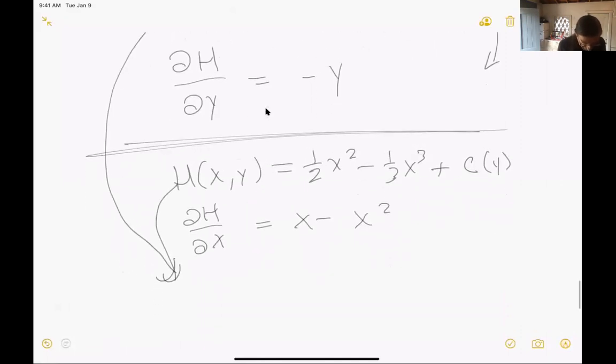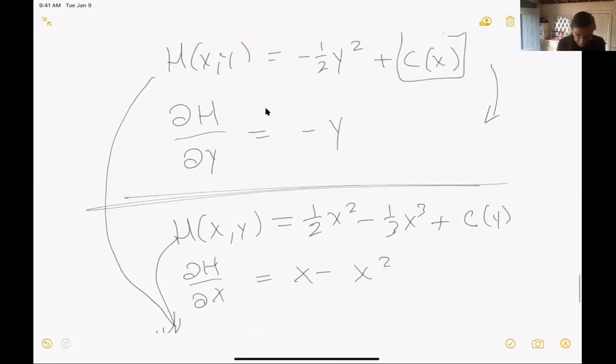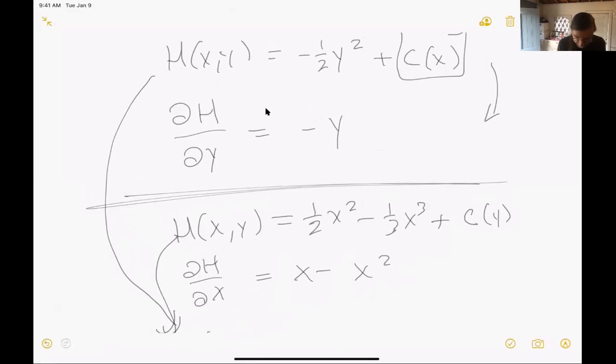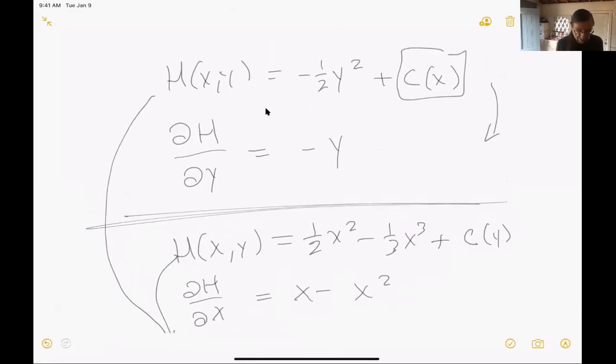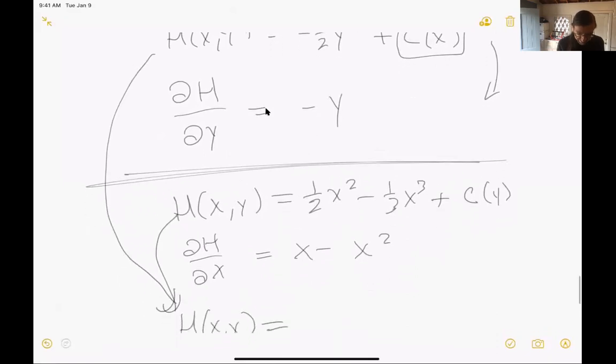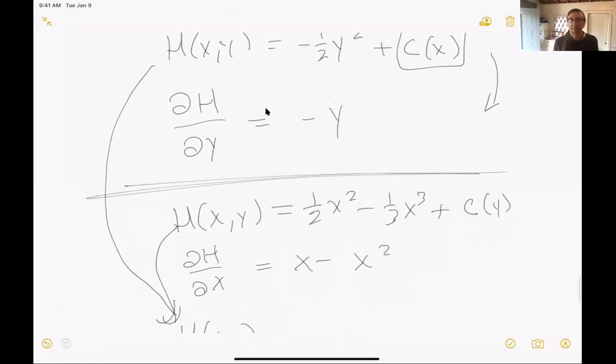I need one function, which is both 1/2 x squared minus 1/3 x cubed plus a constant function of y, but it's also minus 1/2 y squared plus a constant function of x. So how am I going to get that? It's somehow simultaneously both this one and this one.